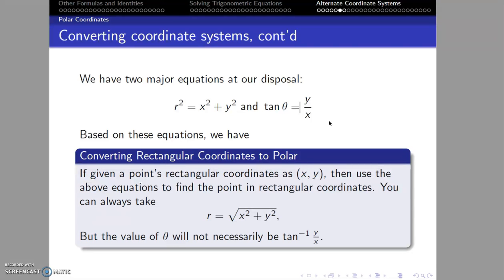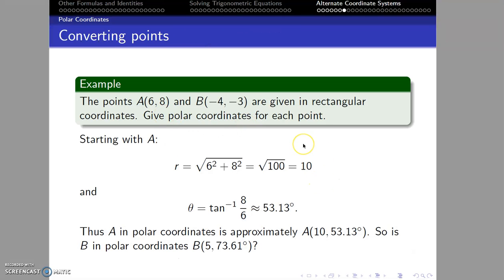Arctangent of y over x gives you the reference angle, and then you can superimpose whatever quadrant you're in to get theta. Use the appropriate conversions using the Pythagorean theorem and right triangle trigonometry, and you've got your polar coordinate based on the rectangular. So we'll take a couple of examples here.